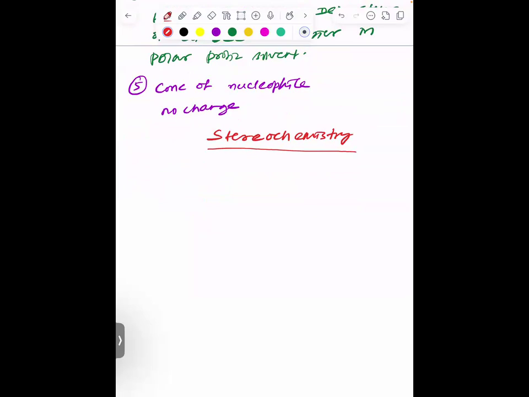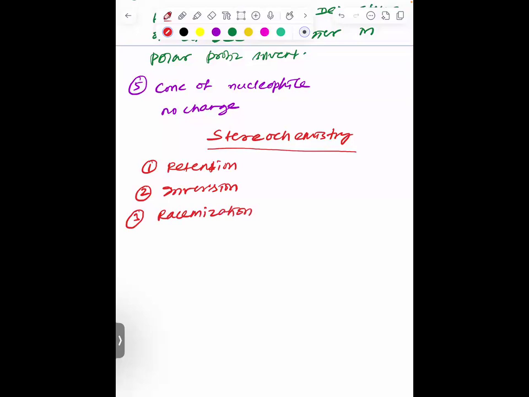Stereochemistry can be classified into three: one is retention, second inversion, third racemization.